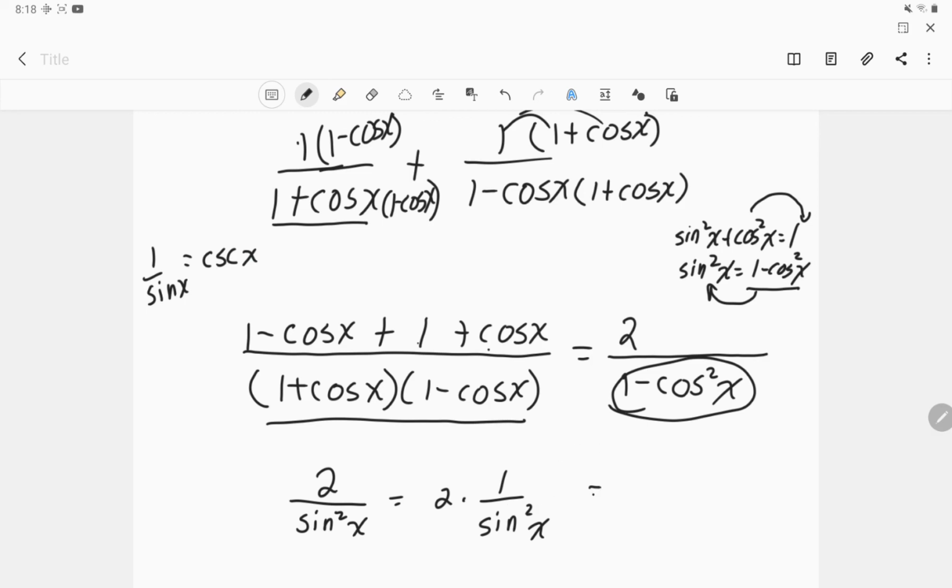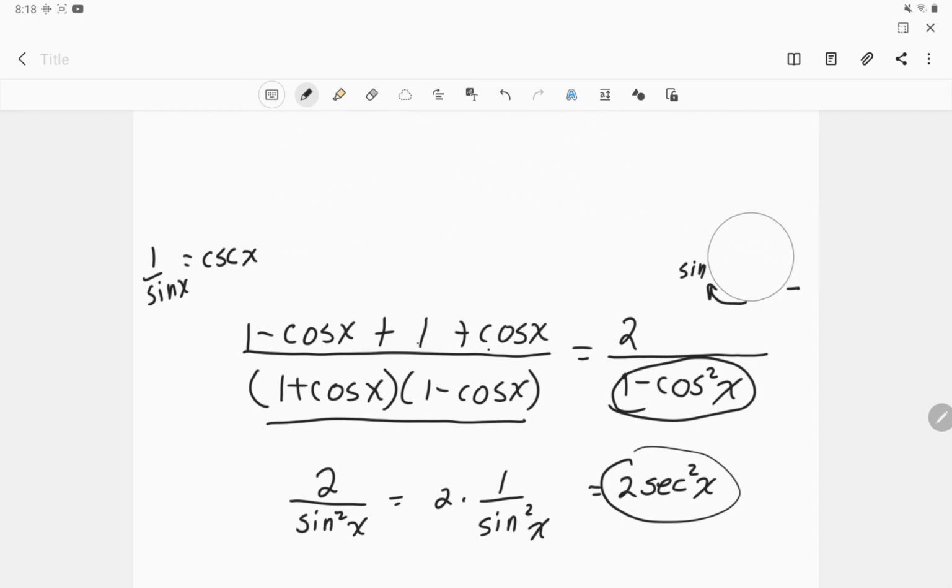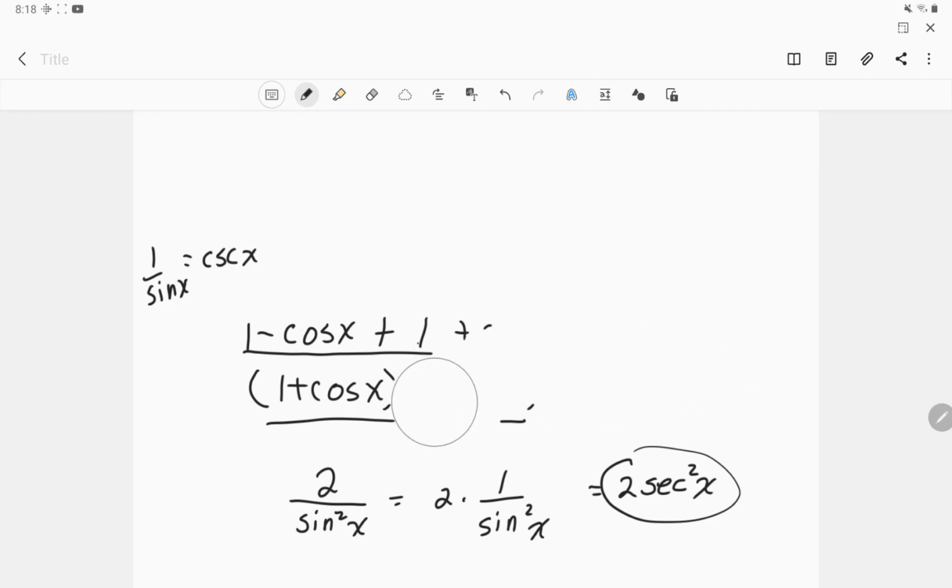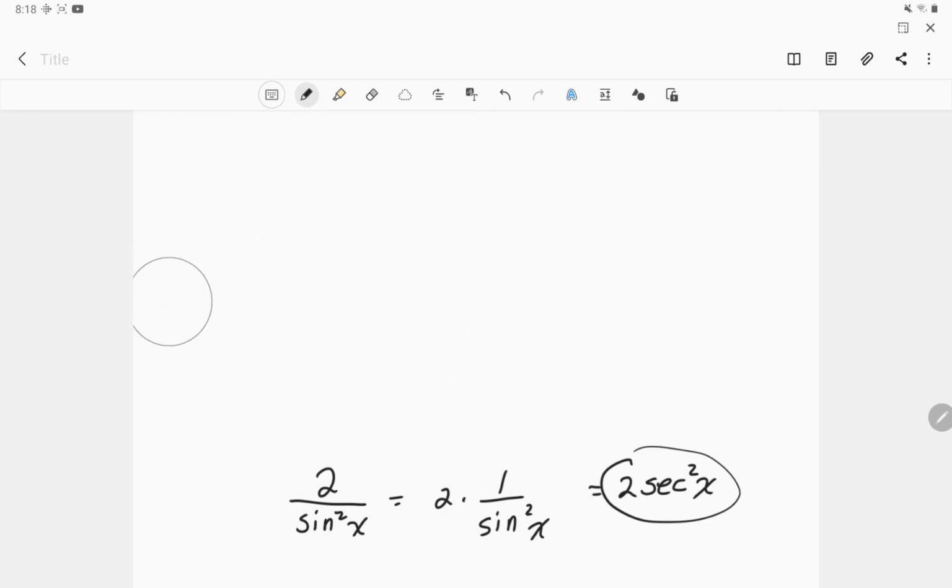So 1 over sine squared is cosecant squared. This is much, much simpler than what we started with, so that is as far as we're going to go with it, because I can't get it any simpler than that. So I would be done right here.